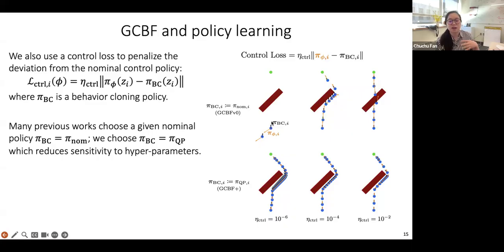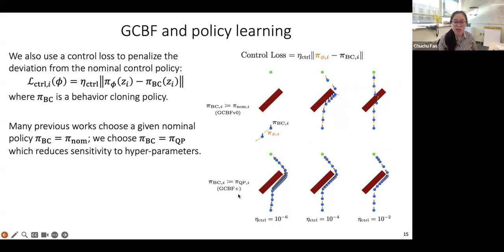However, if we give a very small weight to the deviation from the nominal policy, then the agent will stop here, because the nominal policy says you have to go toward the goal, but the control barrier function says you have to go the other way to stay away from the obstacle. Now your agent may have to stop here. With the right amount of weight, you might be able to find a correct policy that can still get to the goal and avoid obstacles.